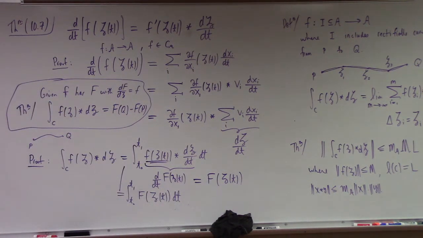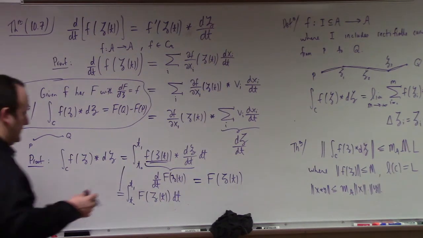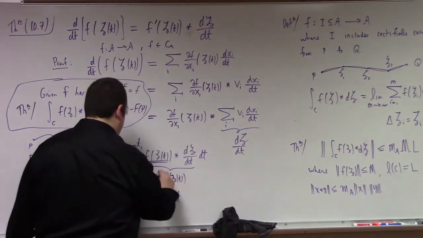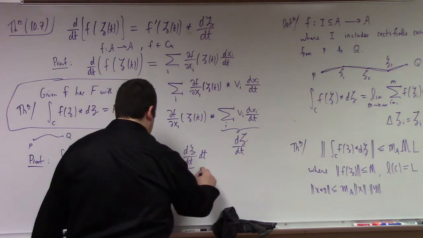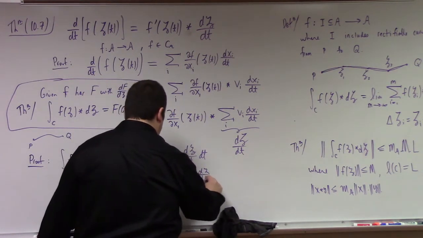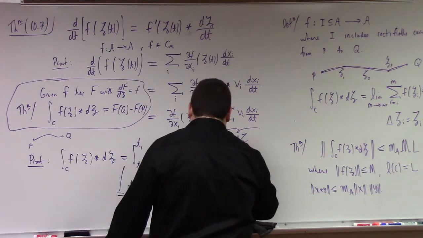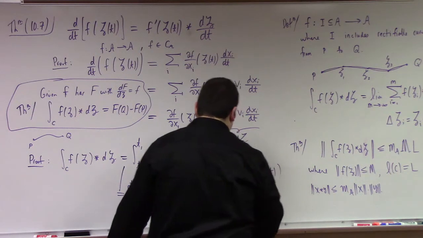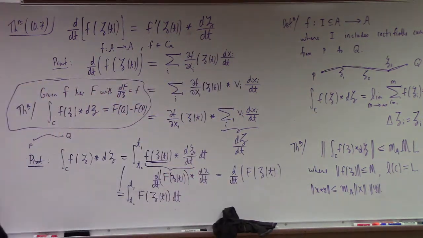Little f is equal to the derivative of big F, and then we have that times d zeta dt, which is what? That's d/dt of f of big F of zeta of t, right? Chain rule.